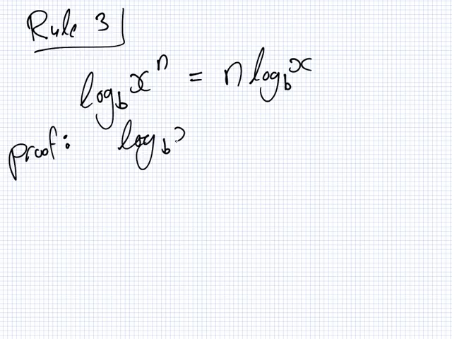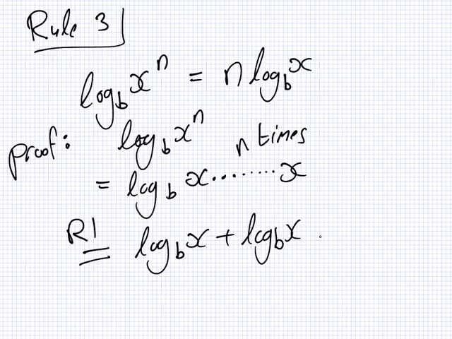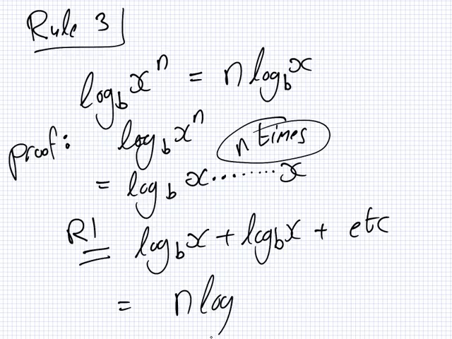Log base b of x^n equals log base b of x multiplied by x how many times? n times. By using the first rule, rule 1, you can change this into log base b of x plus log base b of x, etc. That's using the first rule. That changes multiplying into adding. And how many of these? Well, again, n of them, so it'll be n log base b of x. So that's rule 3. You can write that down, please.